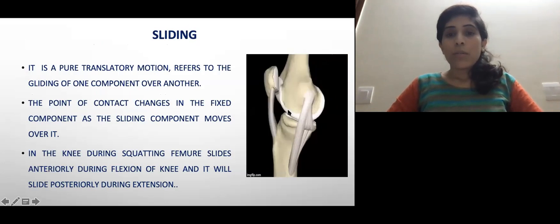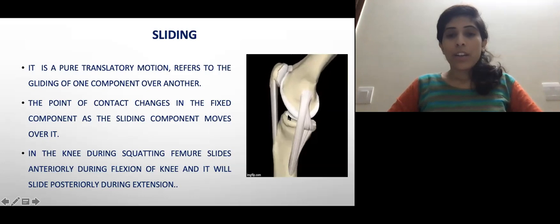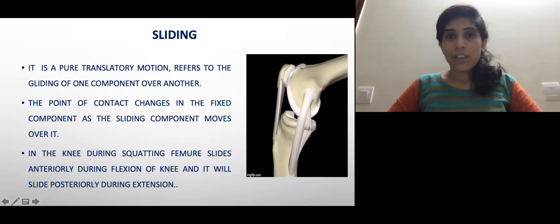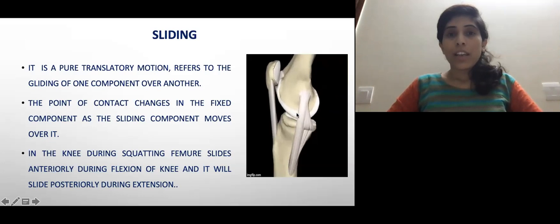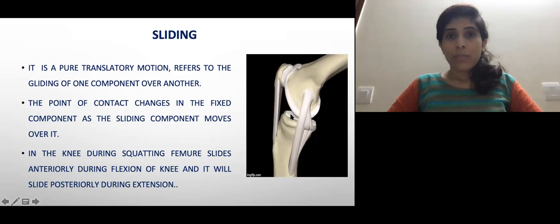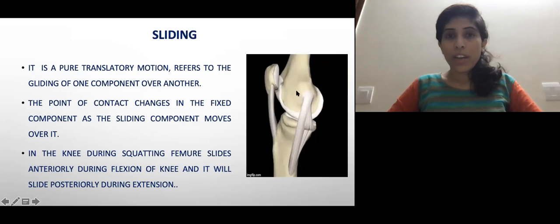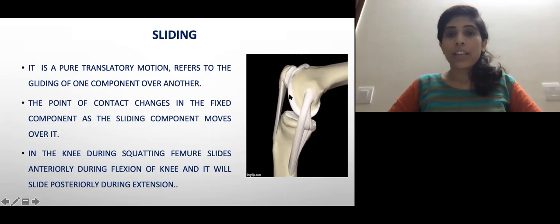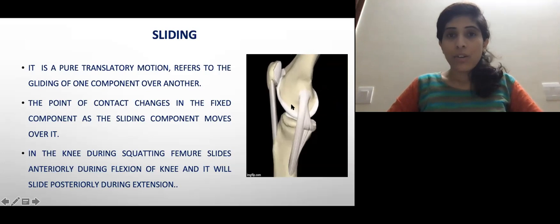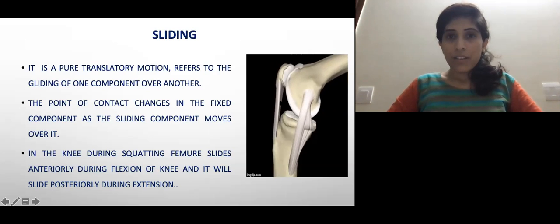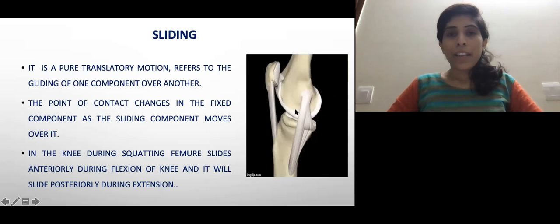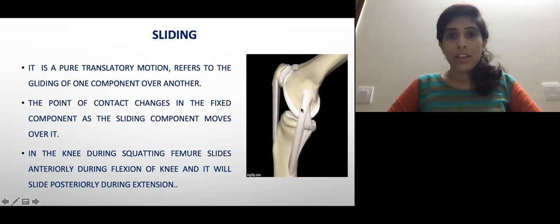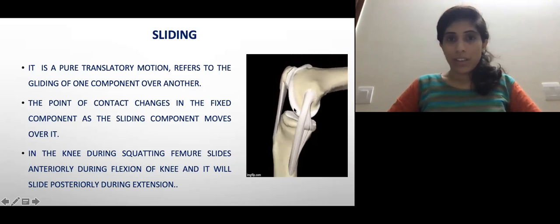The point which comes in contact with the tibial surface will continuously change, because here the femoral condyles are rolling in the posterior direction. At that time it slides on the tibia just to maintain the joint surface contact between each other.